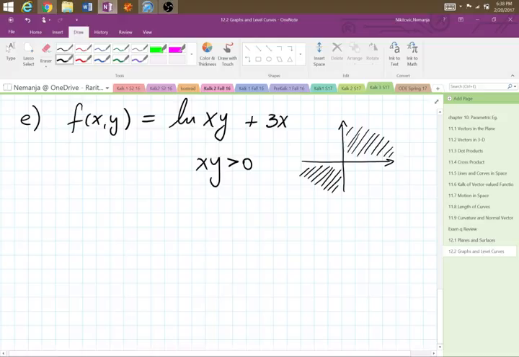The next part is to learn about these level curves. So, what are the level curves?